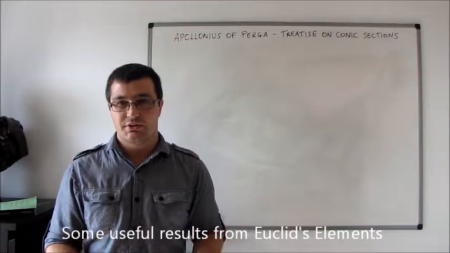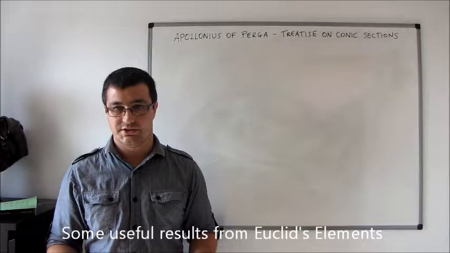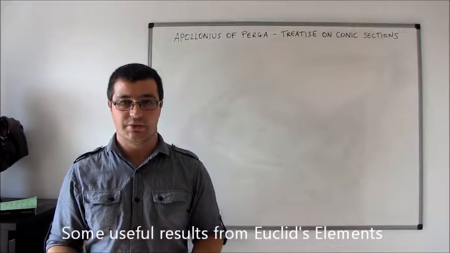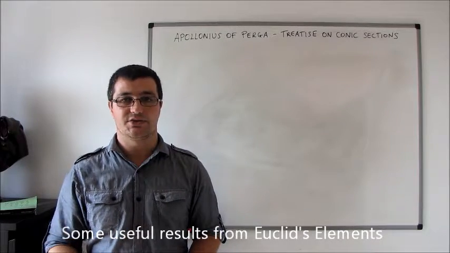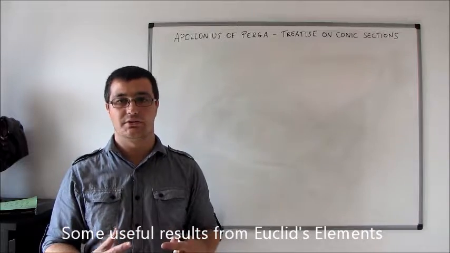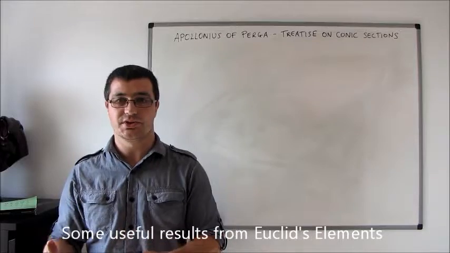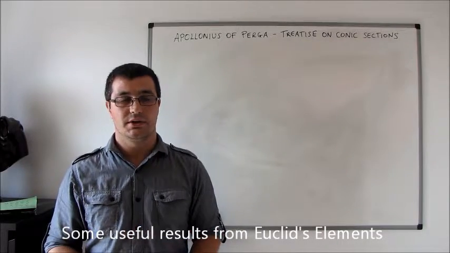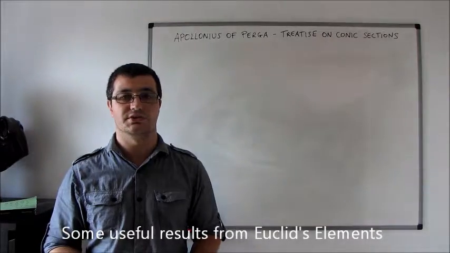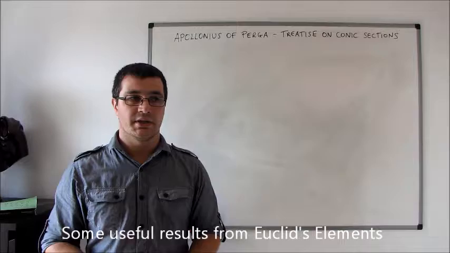You don't need to know Euclid's Elements inside out before you read Apollonius. If you've never read Euclid's Elements, you could still read Apollonius, but it might make it a little bit trickier from time to time to understand how Apollonius knows that he's able to do certain things, particularly involving proportions. So some of the manipulations of proportions and ratios and things like that follow straight from Euclid.